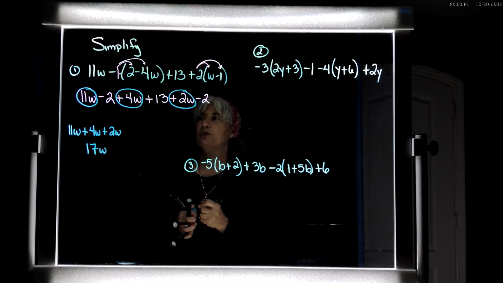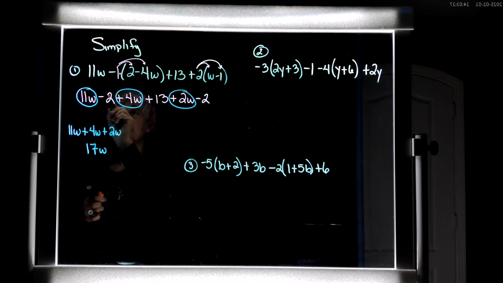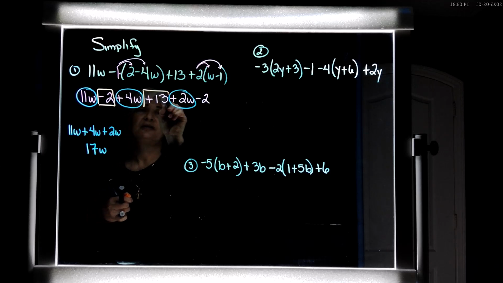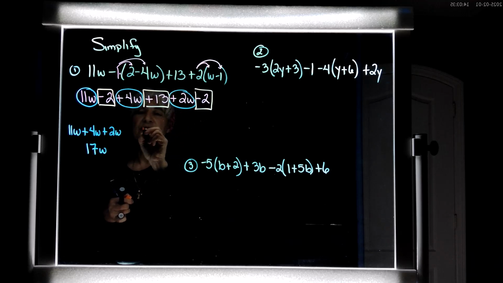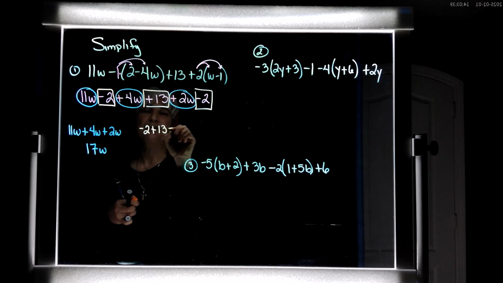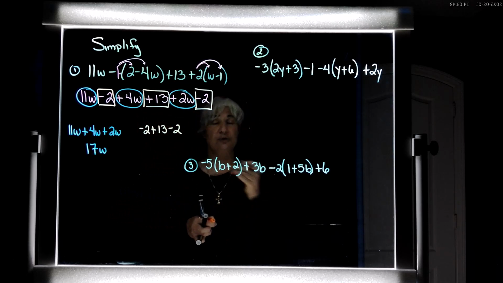Agreed? Okay. But you also have these guys. You have a -2, and then you have a +13 and another -2. So write it down. If you need to work it as 2 separate simplifying problems, then that's what you do. So what do we get?